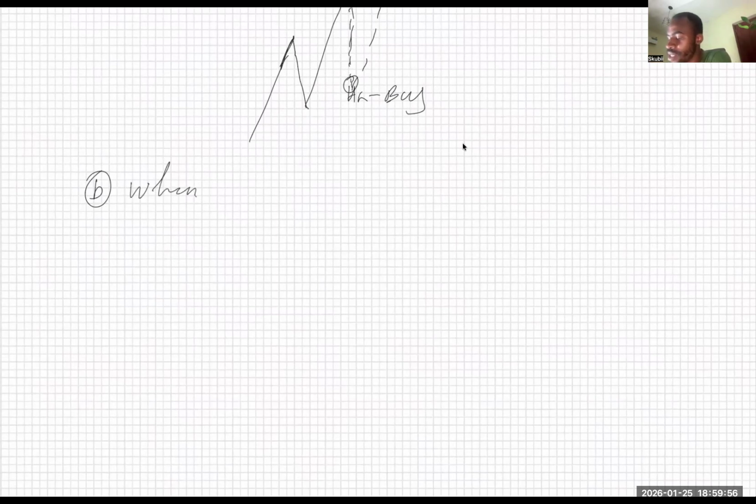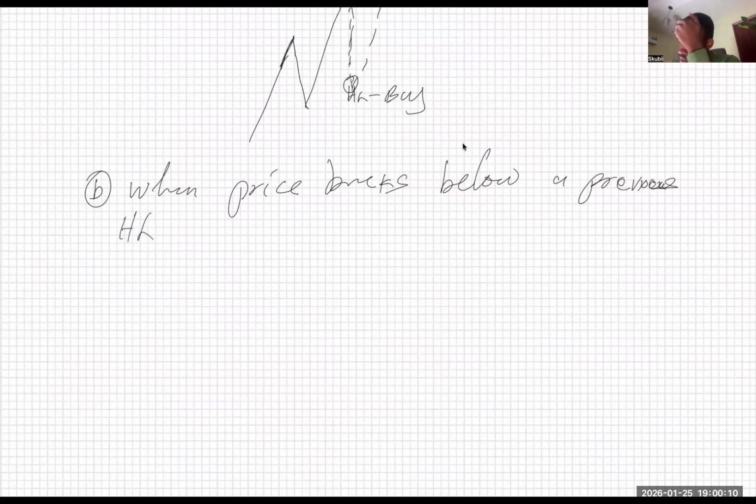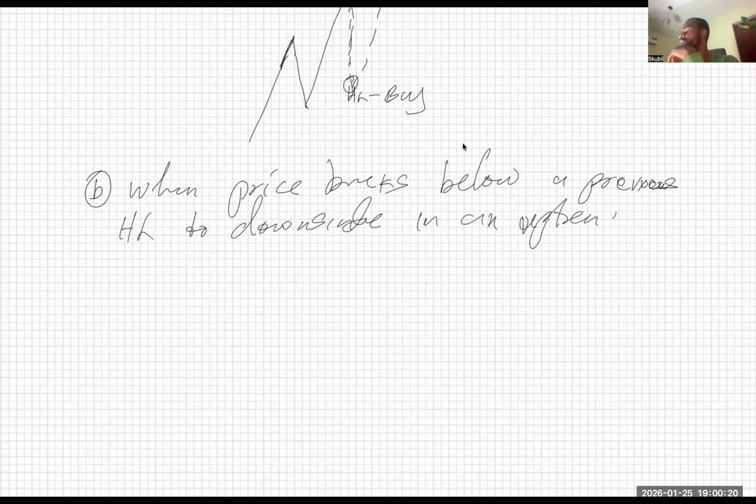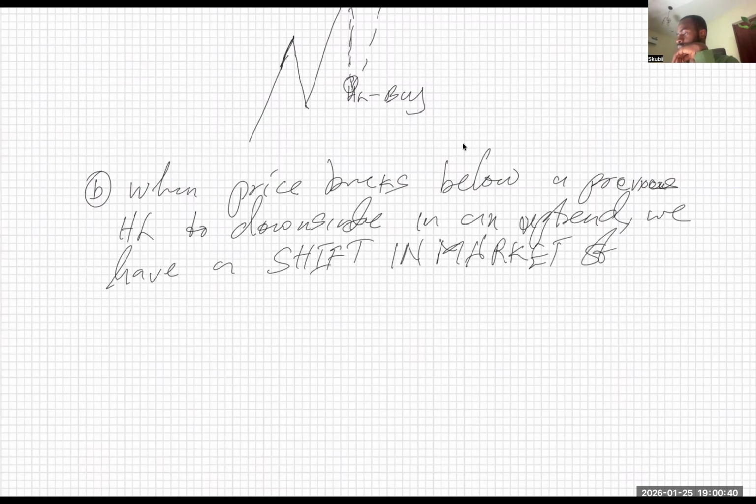When price breaks below a previous or any higher low to the downside in an uptrend, we have a shift in market structure.